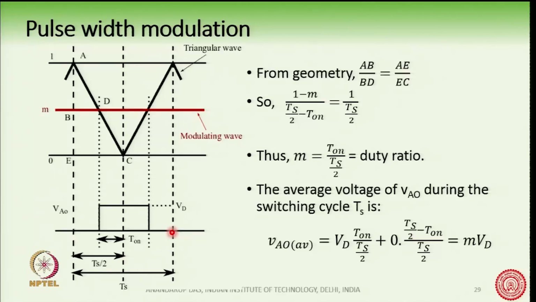What is the average value? For that we will do some very basic geometrical analysis. In this triangle AEC, we see that AB is to BD is equal to AE is to EC.